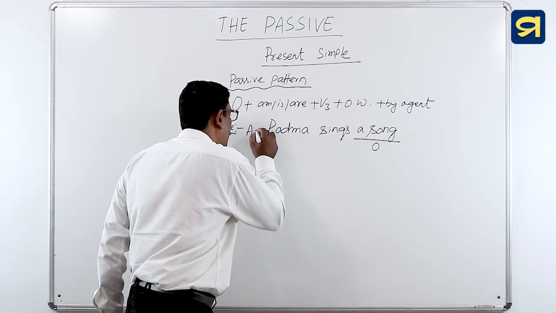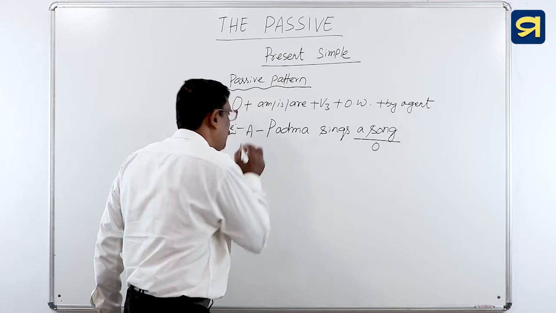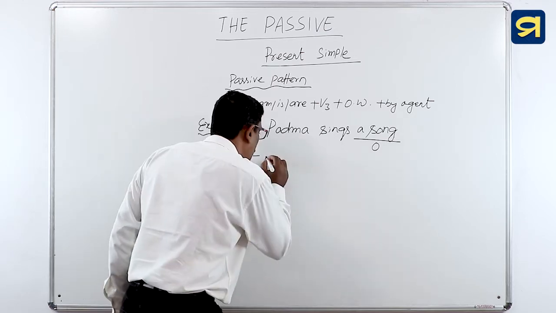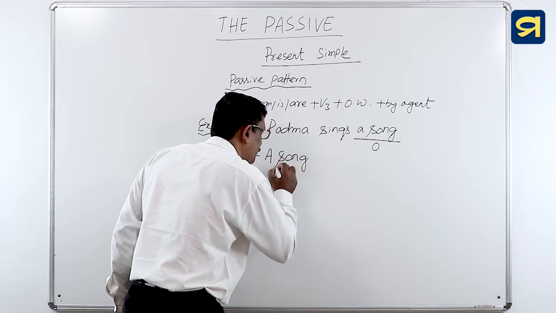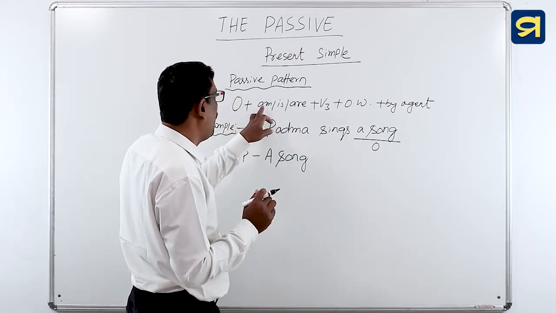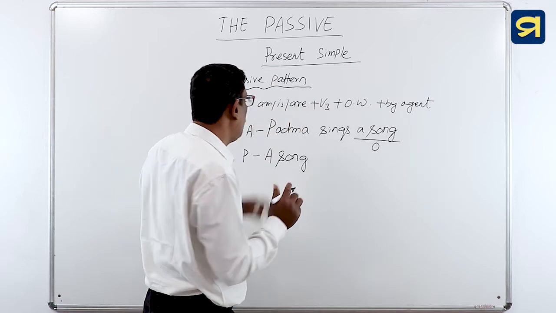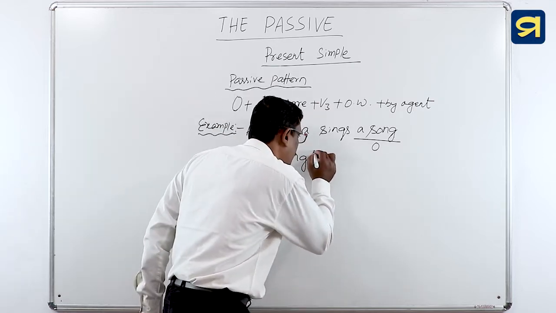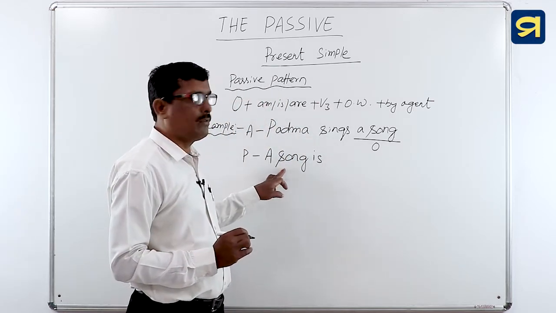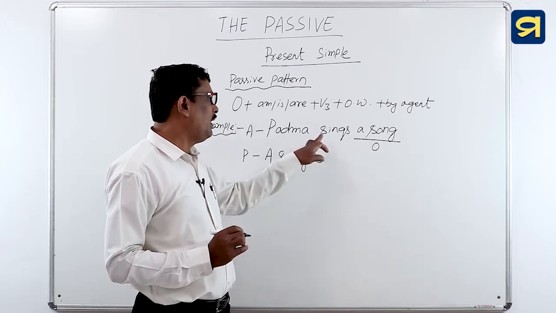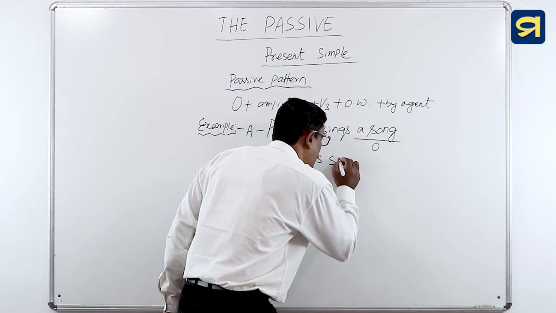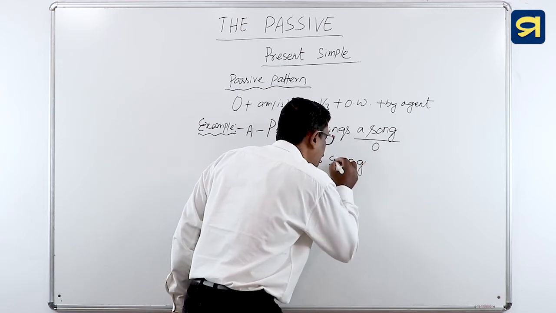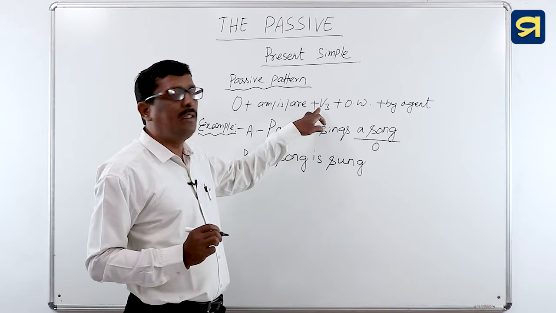When we change from active voice to passive voice, the passive voice begins with an object, so the sentence begins with a song. After the object comes am, is or are; here we will use is, because it is third person singular. The lexical verb is sings, and the third form of the verb is sung, because it is V3.